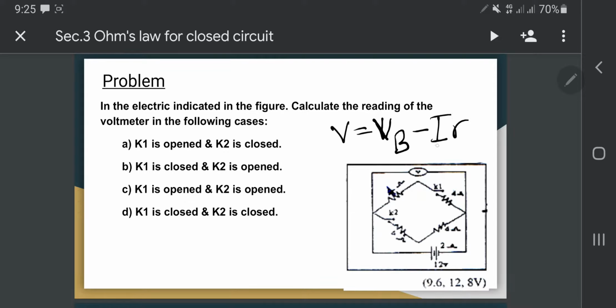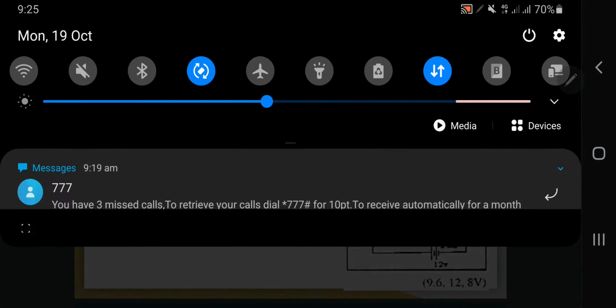So when the current equals 0 and internal resistance equals 0, VB equals V: the terminal voltage equals the electromotive force when the circuit is open.